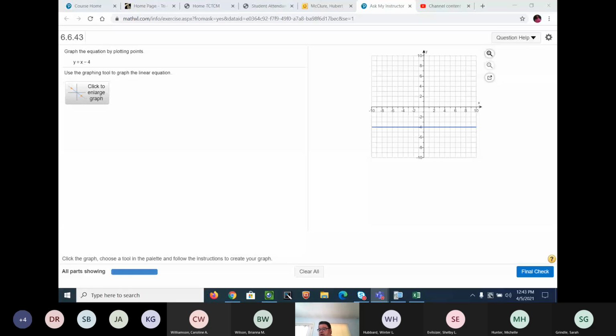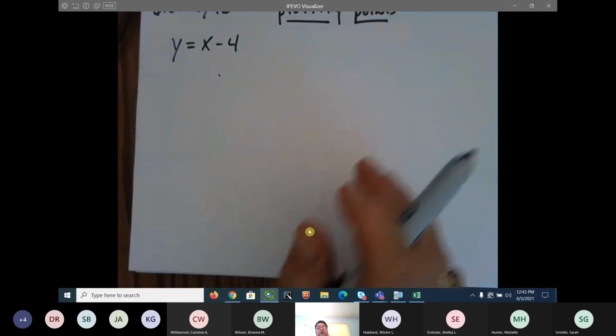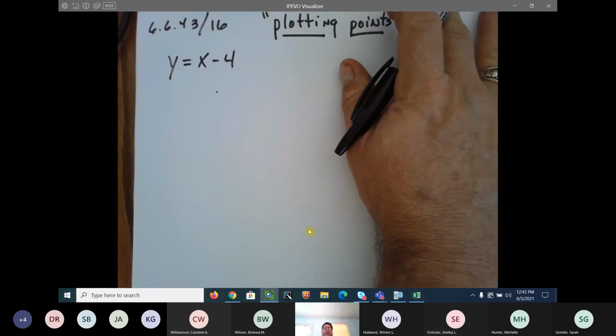Anyway, all right, so plotting points tells us method 1. Okay. What is the prerequisite for method 1? Y has to be what?